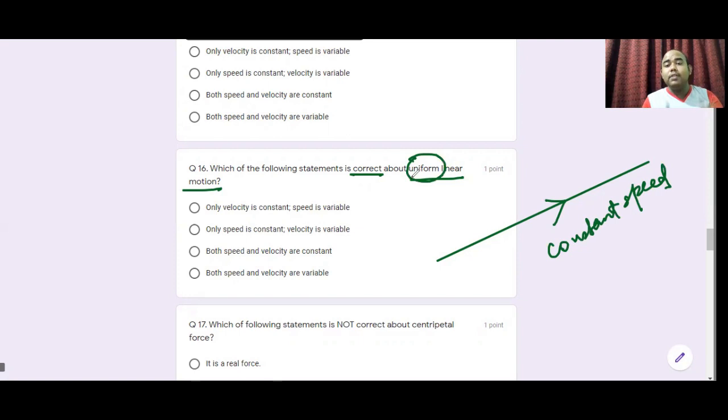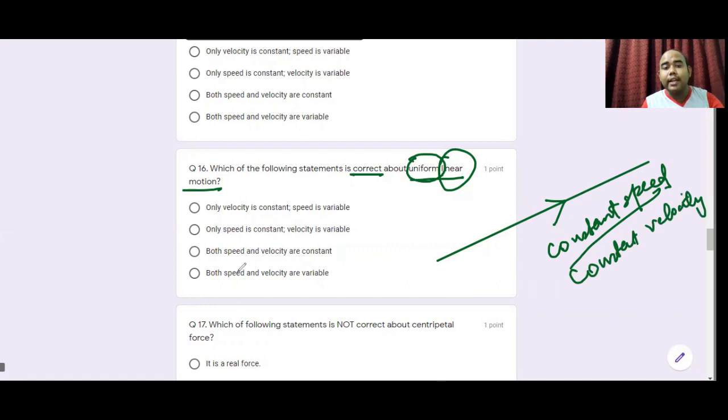Uniform linear motion means it is moving with a constant speed, and linear means it is moving in a straight line. So it has a constant speed, but also its velocity is constant because it is moving in one particular direction. Its direction is not changing, unlike the previous case. In this case, the body is moving in one constant direction, and hence it will also have constant velocity.